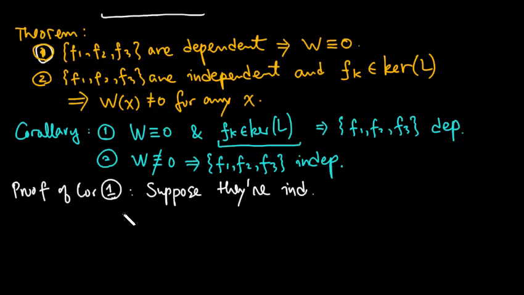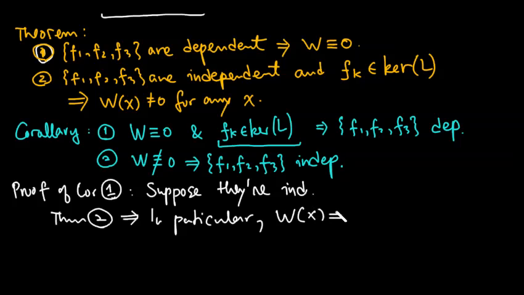So from the theorem, item 2 implies that in particular, the Wronskian value at x is not 0. We don't need that strong statement.